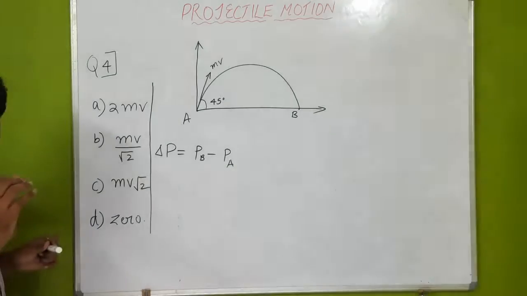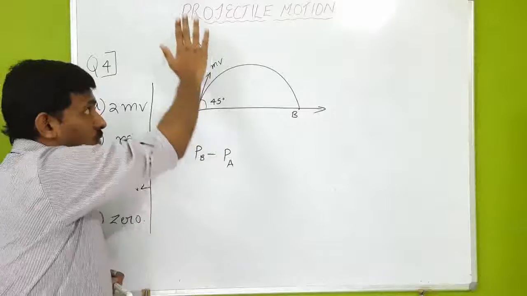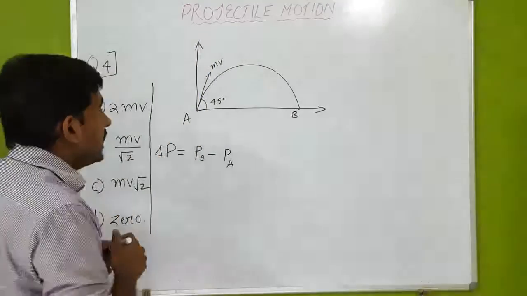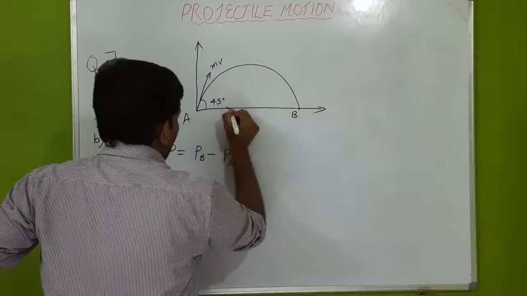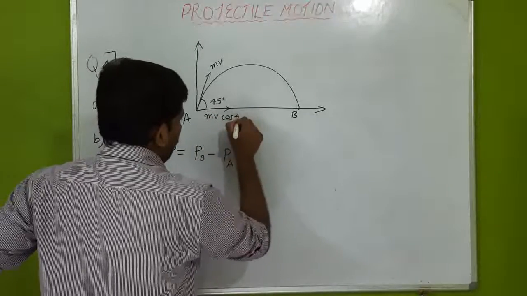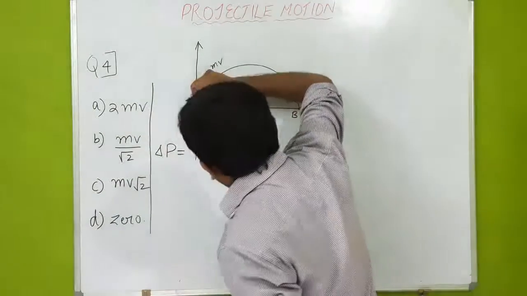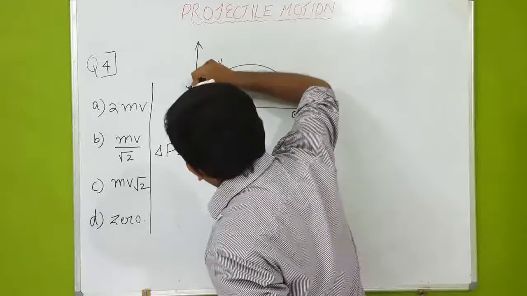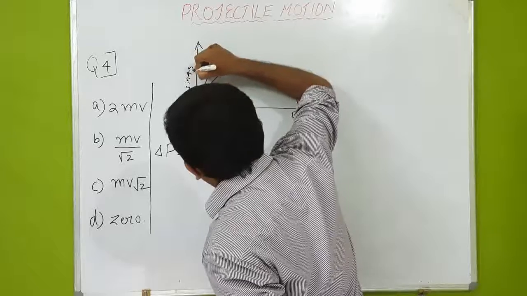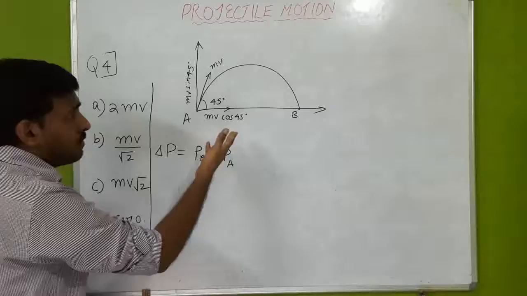Since the projectile motion is a two-dimensional motion, it has an x component of velocity and a y component of velocity. Similarly, it will have an x component of momentum, that is mv cos 45. Similarly, the y component of momentum is equal to mv sine 45. So what is mv cos 45?